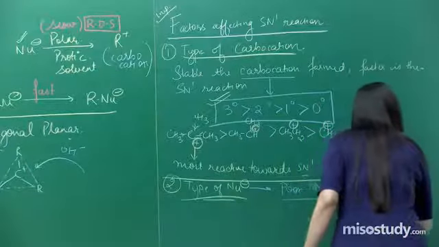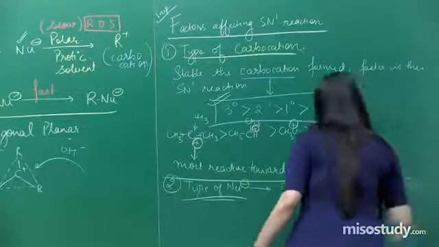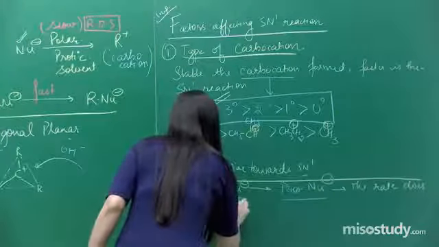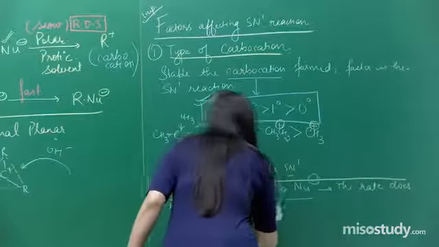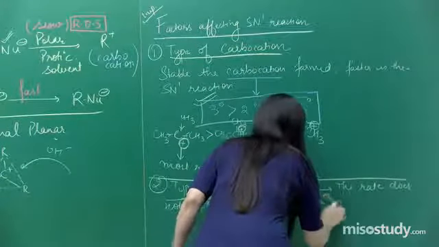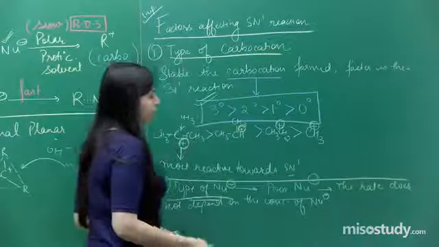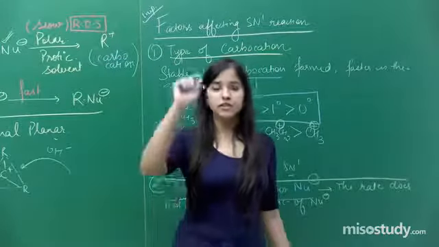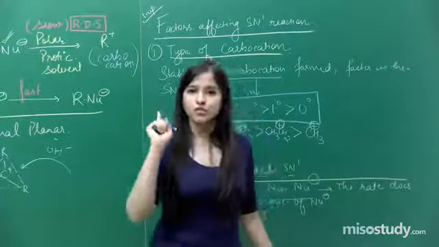The rate does not depend on the concentration of the nucleophile, so that is why I am taking the poor nucleophile. If I take a strong one, what will happen? In the case of a strong nucleophile, the reaction could happen in just one step.